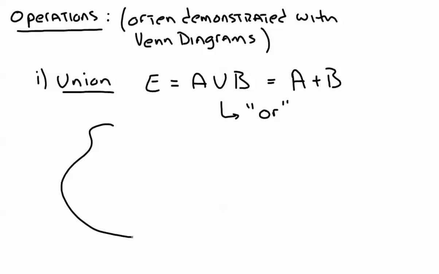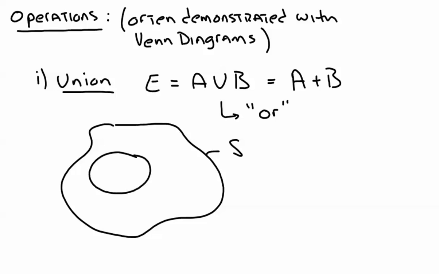So, for example, if this is my sample space, and this is set A, and this is set B, then A union B is everything.